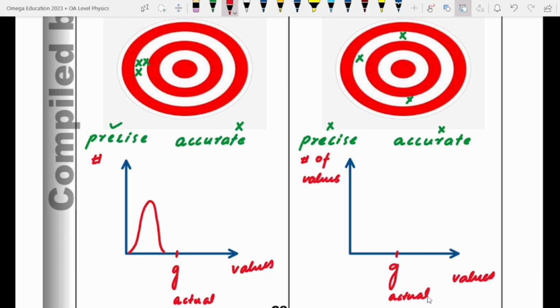If it is not accurate, that means the peak would not be above the actual value. So it can be something like this. So you see the peak of the graph, the maximum number of values, are not close to the actual value. So this is not an accurate one. And the width of the graph is also quite large, so that means the values are not precise, they are far away from one another.